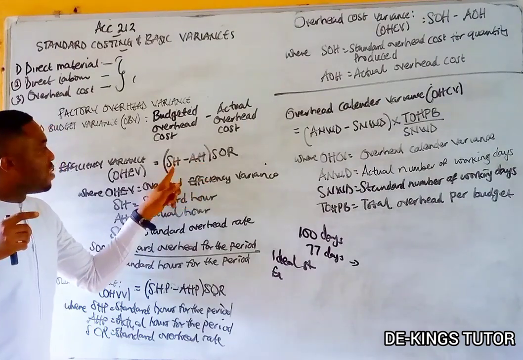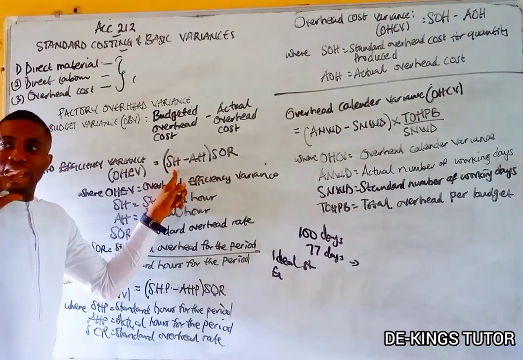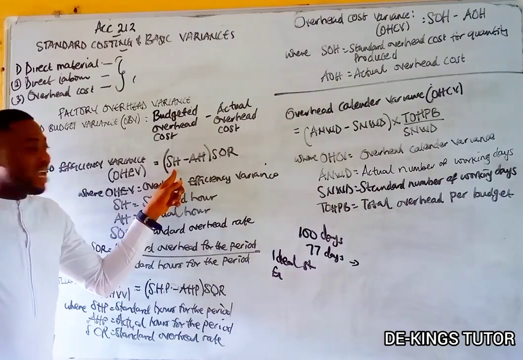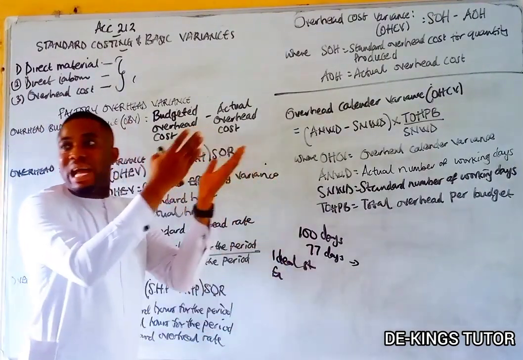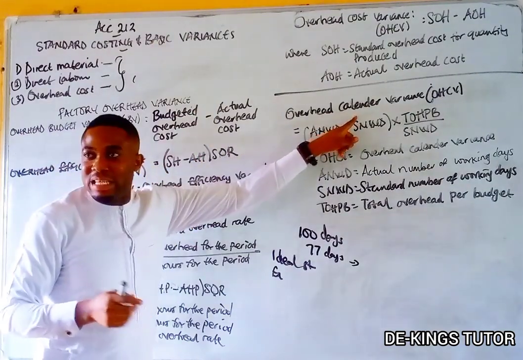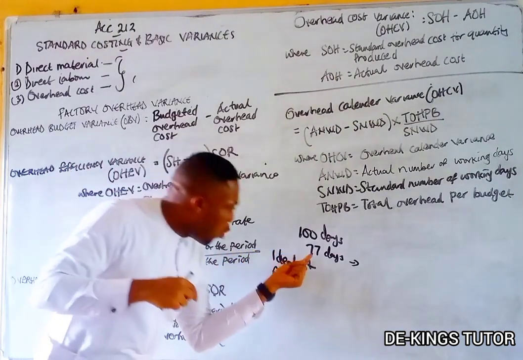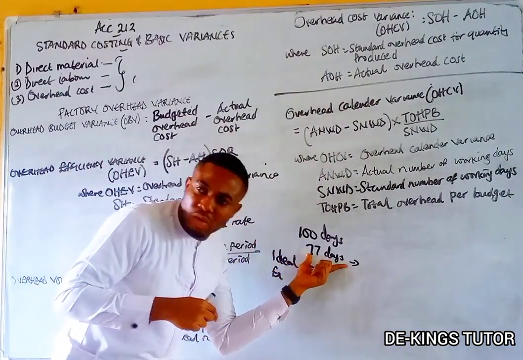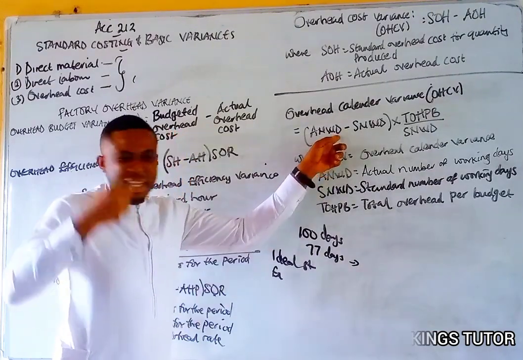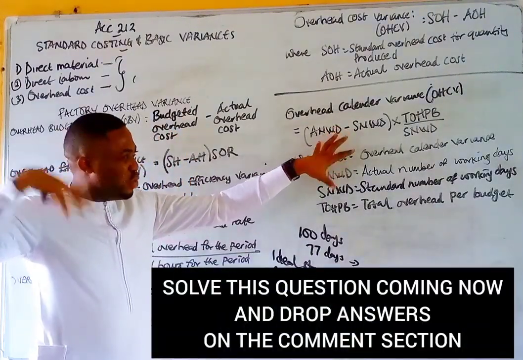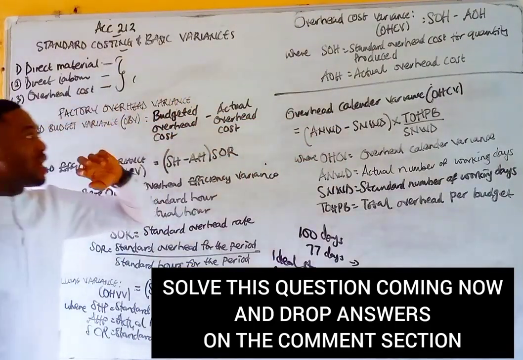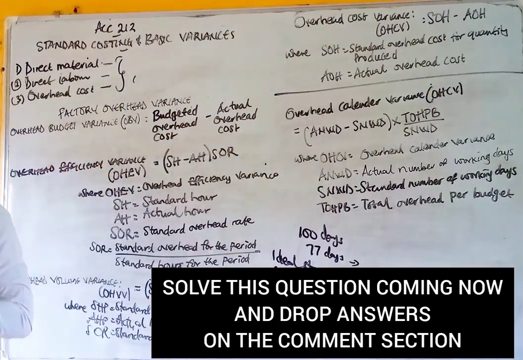Now, if they give a standard hours and they say without considering calendar variance, it means they are telling you to take the number of standard hours they gave. But once they say consider the calendar variance, it means you will actually check the actual days they worked, which might not be up to the standard. Then you include this. I think if we start solving the question, you will get what I'm actually saying. So this is the formula that has to do with factory overhead.